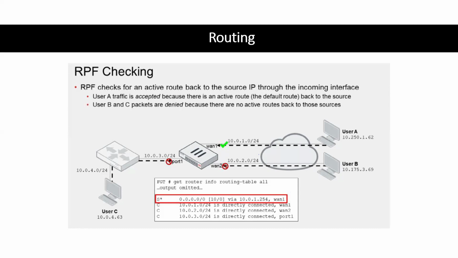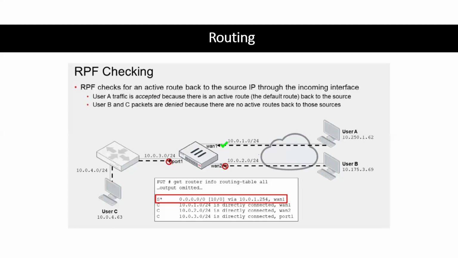It's trying to send traffic to user A. Okay, user B sends traffic, right? The FortiGate gets it. Does the FortiGate routing table have a route for the 10.175.3.0 network? No. Okay. So it is going to go ahead and fail the RPF check.